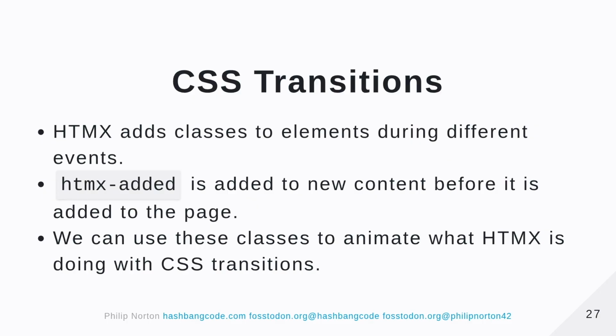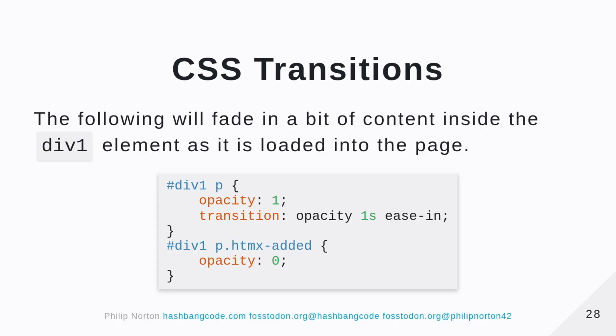Quick note on CSS transitions. As HTMX does all this stuff on the page, it adds classes, and those classes can be used to animate things that are happening on the page. So with this CSS transition property, we've got a p tag inside a div, and the class of htmx-added makes that element invisible, but because it's got a higher specificity, it gets that as the element's added onto the page.